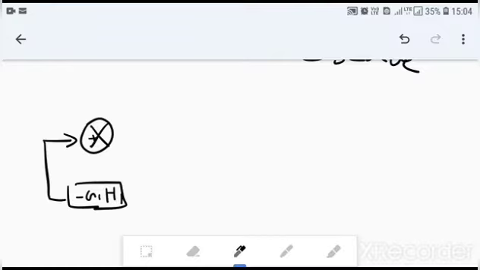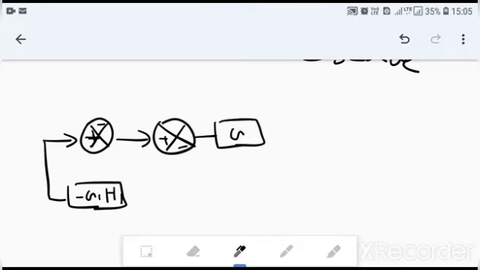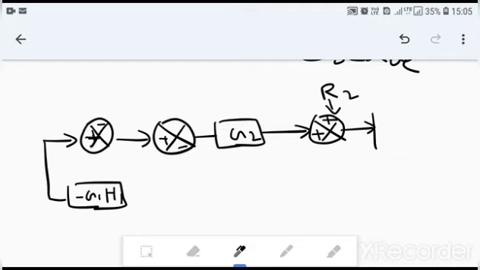And we have interchanging the summing points. That is the step we write here: plus minus, and here we have G2, and here we have the actual input R2 which we have given, which we can also take as R. This is a summing point. The output of this is given to G3, from where we have the output C2.